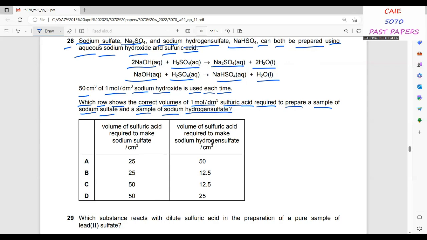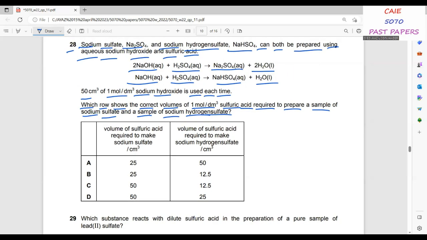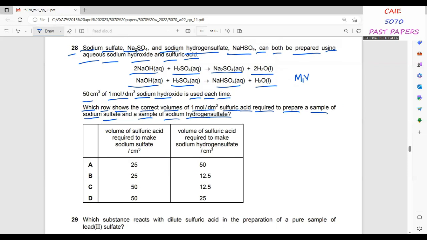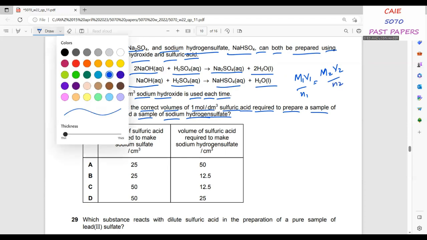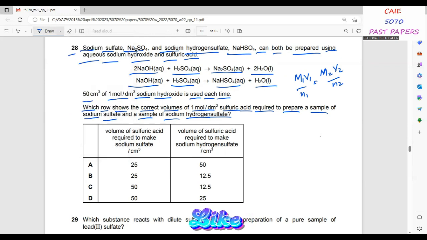You can use this formula if you want: M1V1 by N1 is equal to M2V2 by N2, where M represents the concentration of the reactants, V represents the volume of that reactant, acid or alkali in this case, and N represents the number of moles of acid or alkali.